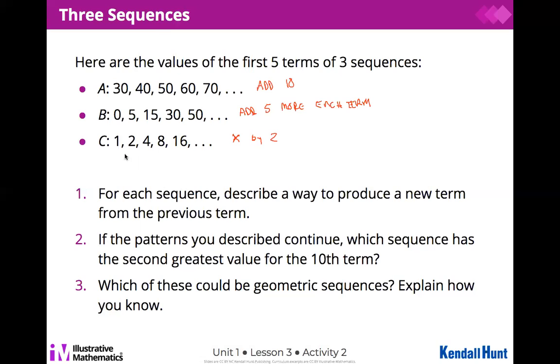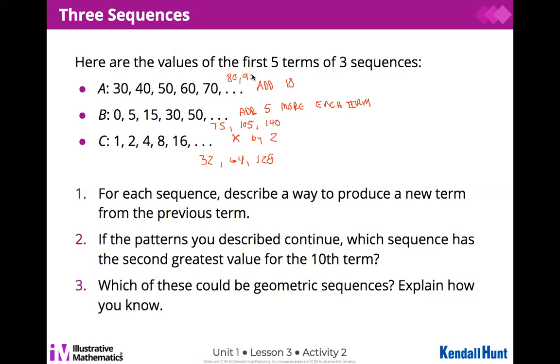This goes 1, 2, 4, 8, 16, 32, 64, 128. And that's only 1, 2, 3, 4, 5, 6, 7. That's the 8th term. This one's going to become, let's see, we're at 50, 75, 105, and then what am I adding this time? 30, 35, so 140. All right, and then this one's just adding 10.